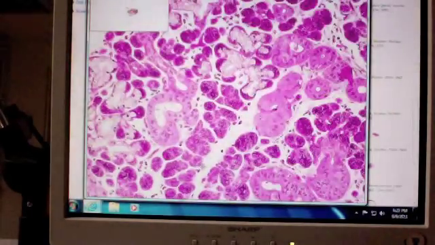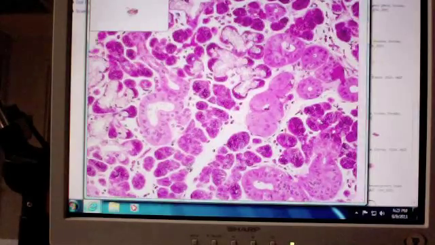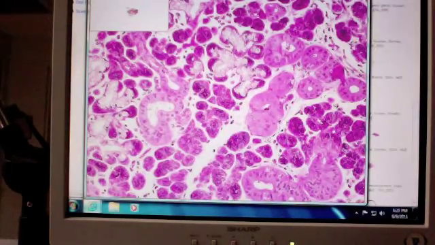Now we get to a region like this, and I said, again, no pointers on here, name this structure. Or all of these structures belong to what? A mixed gland, okay?